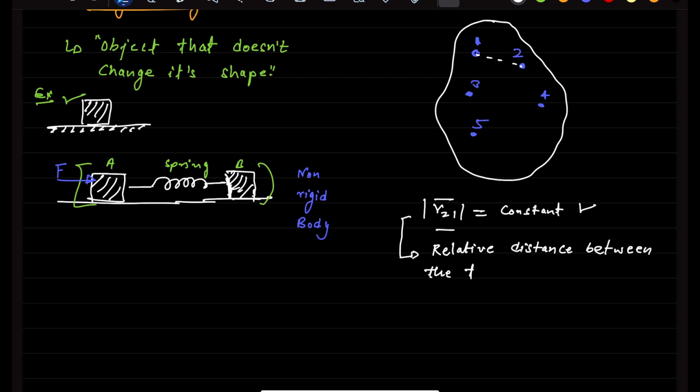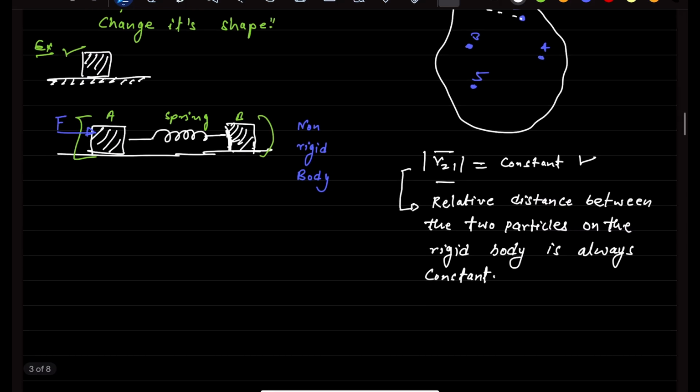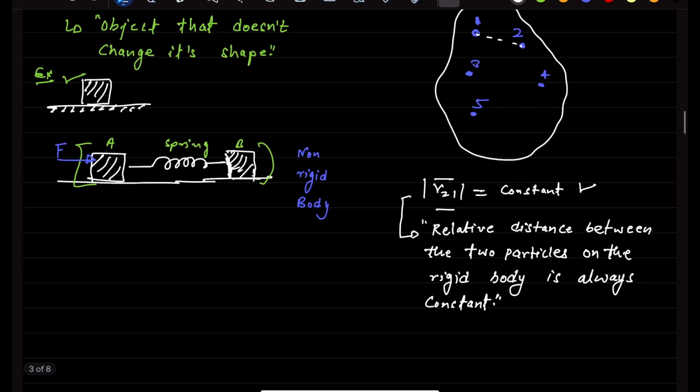Now if I say that this is a rigid body, then the distance between 1 and 2, or the relative position of 2 with respect to 1, will not change with time. It will remain constant. The magnitude of the relative distance will remain constant because the shape is not going to change. That's why the points will not travel with respect to one another, right? So this is the rigid body.